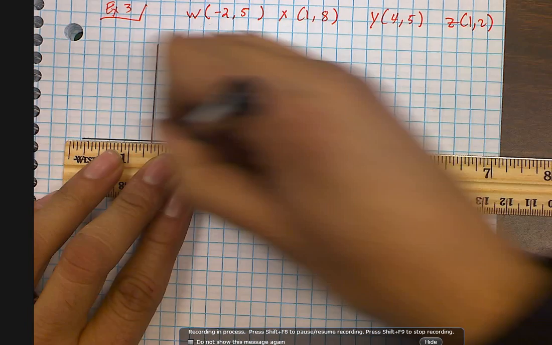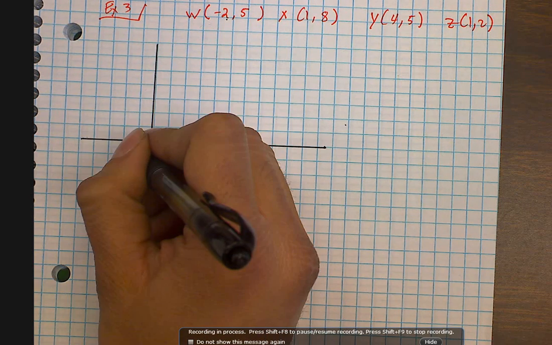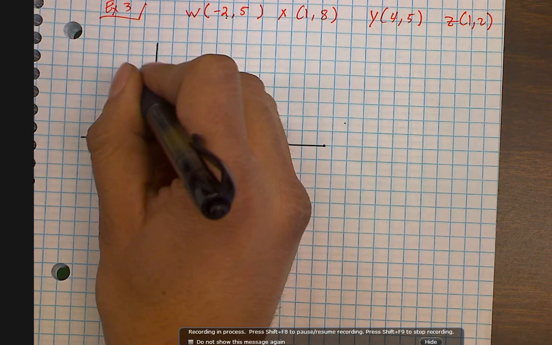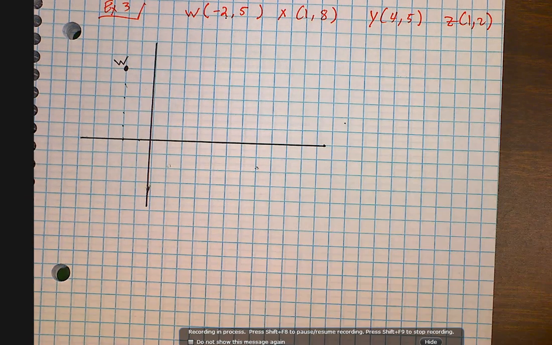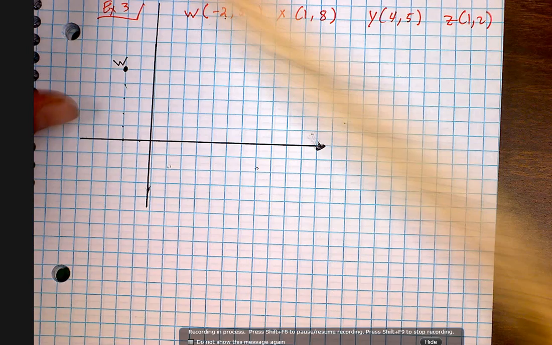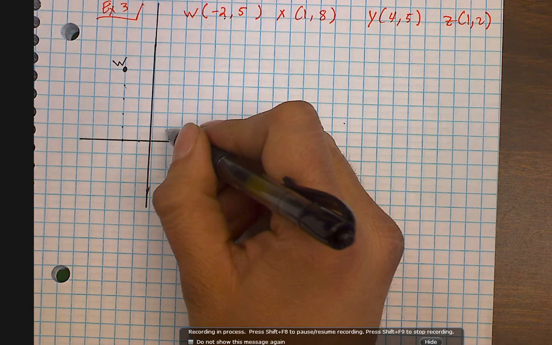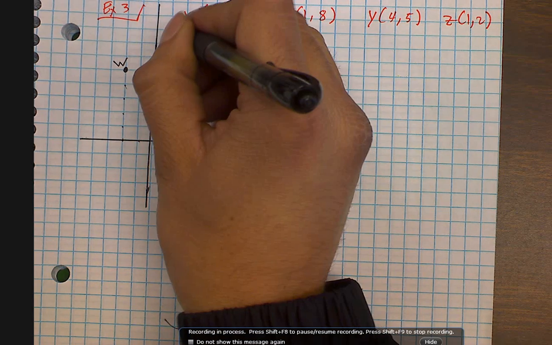Okay, so the first one is negative 2, 5. Negative 2, 1, 2, 3, 4, 5. So here is W. Okay, the next one is 1, 8. So that's 1, 1, 2, 3, 4, 5, 6, 7, 8. So that is X. The next one is 4, 5.